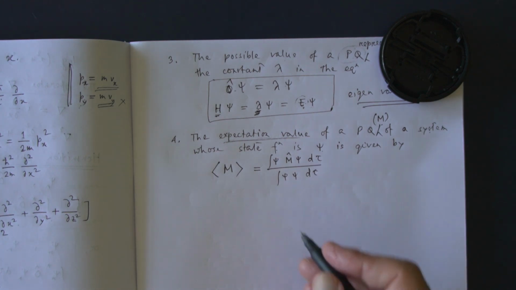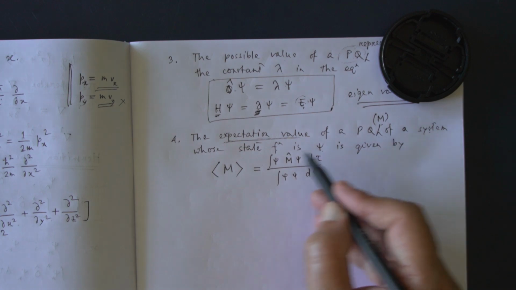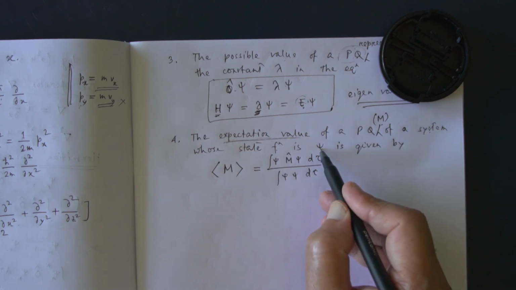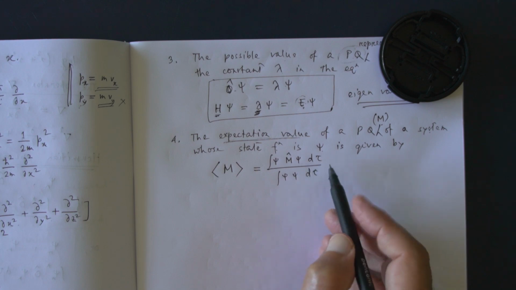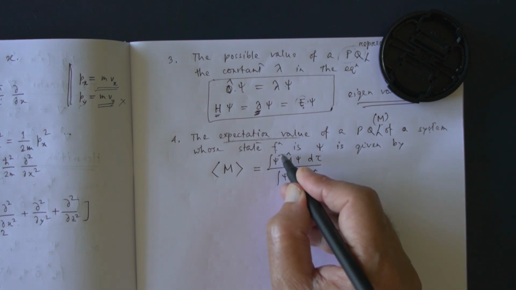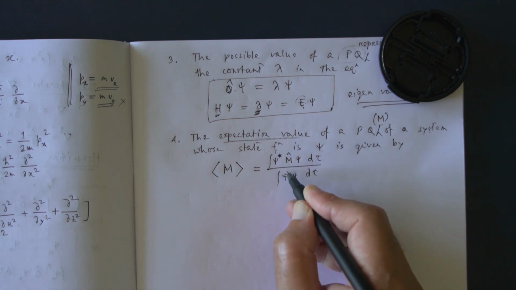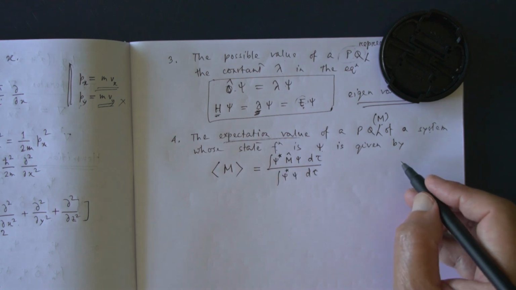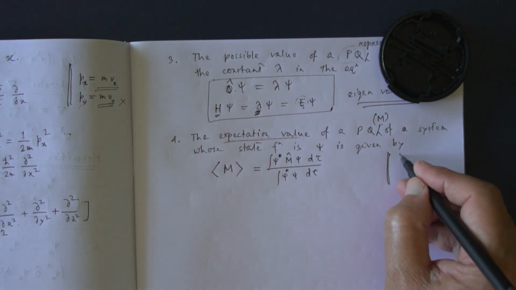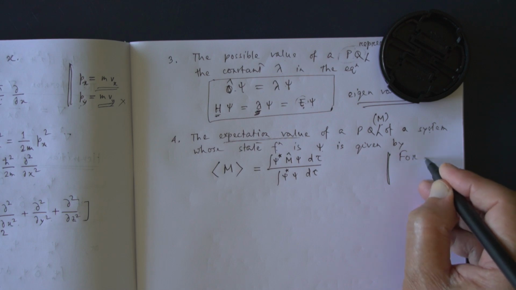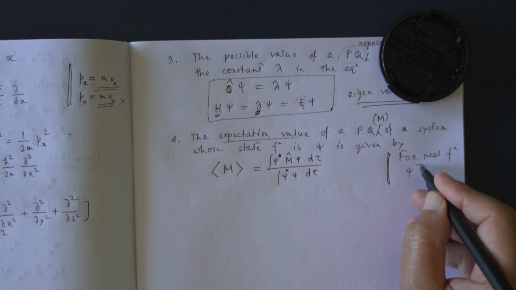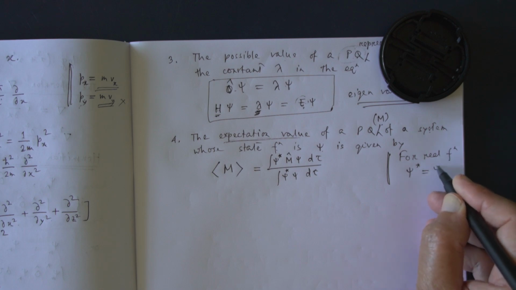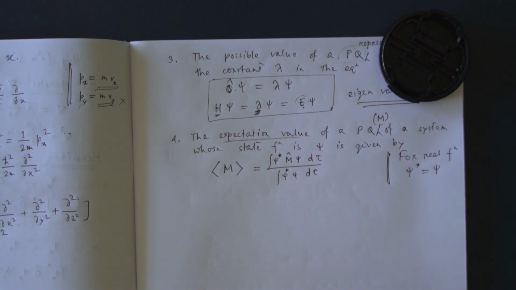Here you see, if psi is real, we write like this. But if psi is imaginary, we have to write like this. Because for a real function, psi star, the complex conjugate, will be equal to psi.